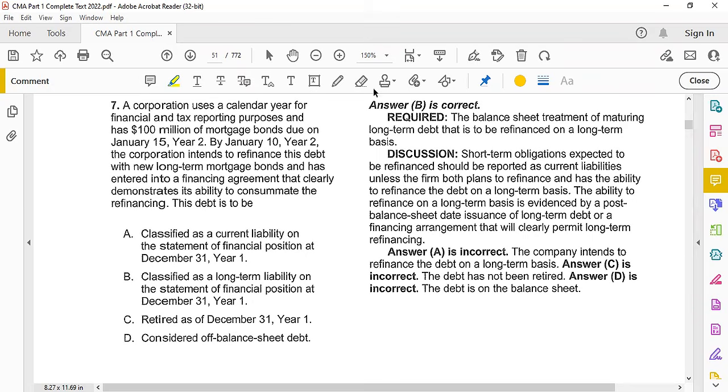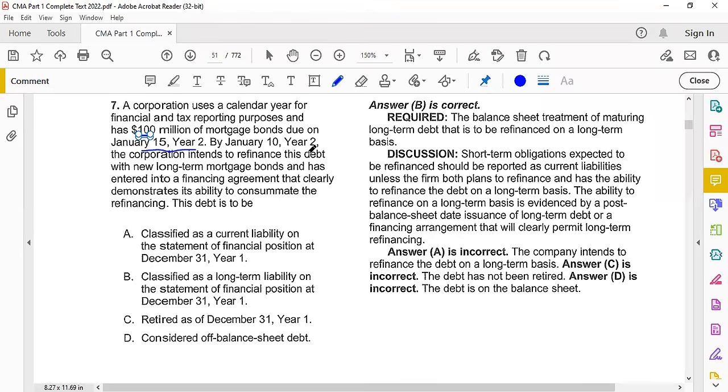A corporation uses a calendar year for financial and tax reporting purposes and has 100 million of mortgage bonds due on January 15 of year 2. This you have to pay on January 15 year 2.